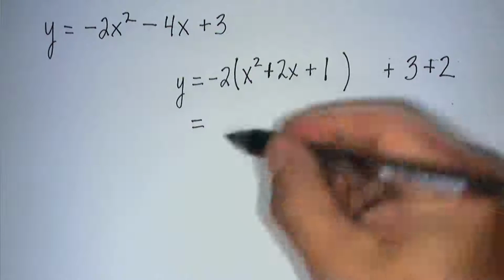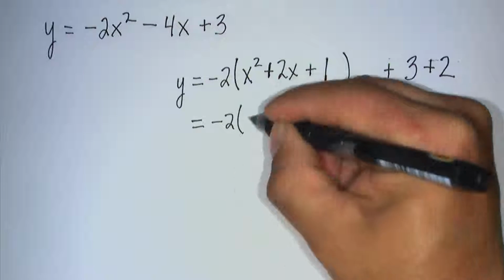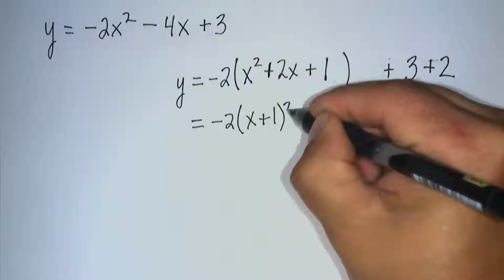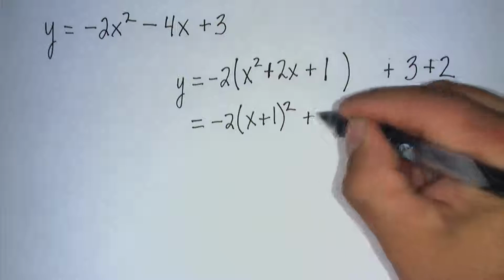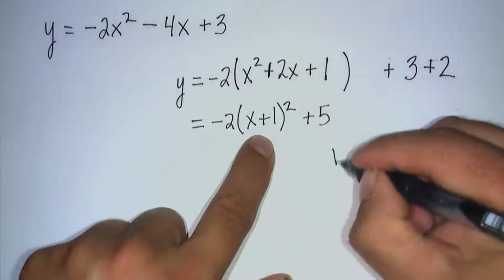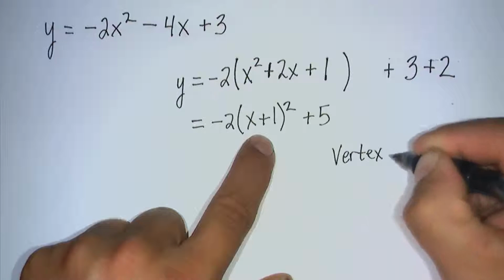So now this is going to be negative 2 times x. What did we square? We squared positive 1. So x plus 1 squared, and 3 plus 2 is 5. Okay, so according to this now, we have a parabola with a vertex, and I'm not going to plot points, I'm just going to show you on the calculator.